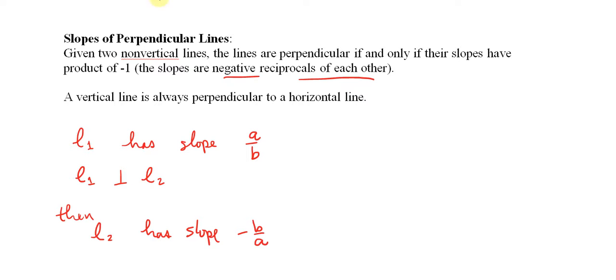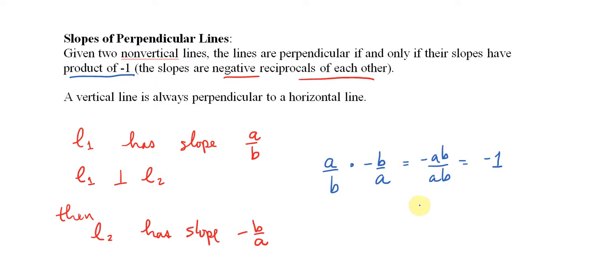Let's look at the other part that talks about their slopes having a product of -1. If you take these two slopes, A over B and -B over A, and multiply them, what do we get? We get -AB over AB, which turns out to be exactly -1.